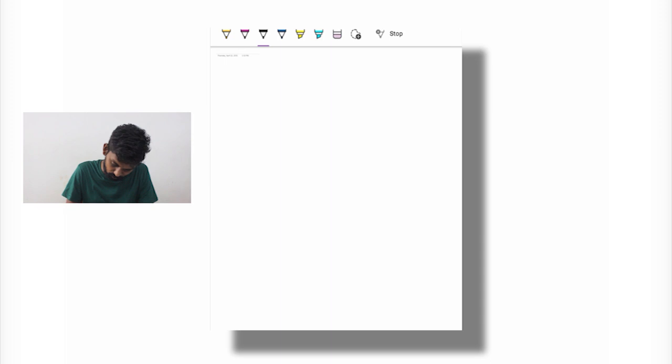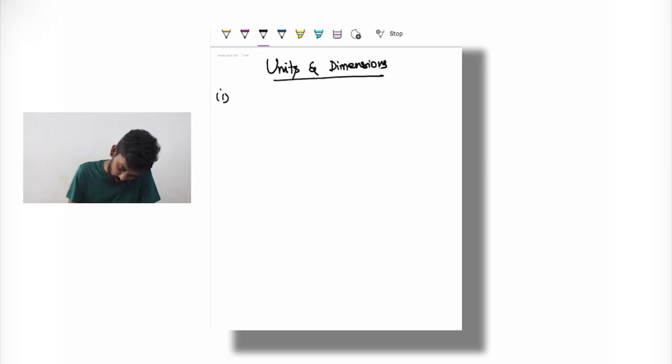So in this chapter of units and dimensions, we are going to see the following subtopics. Please make a note of them. First one, introduction to measurements.